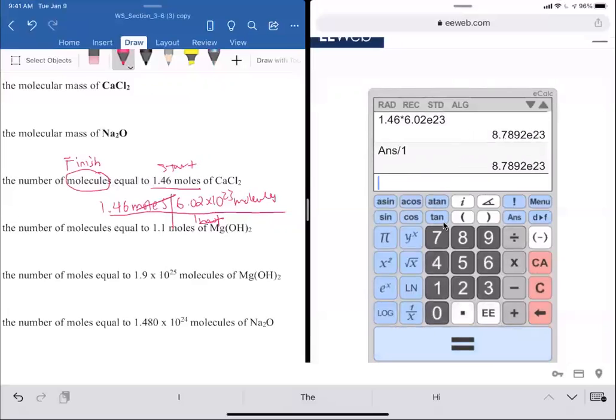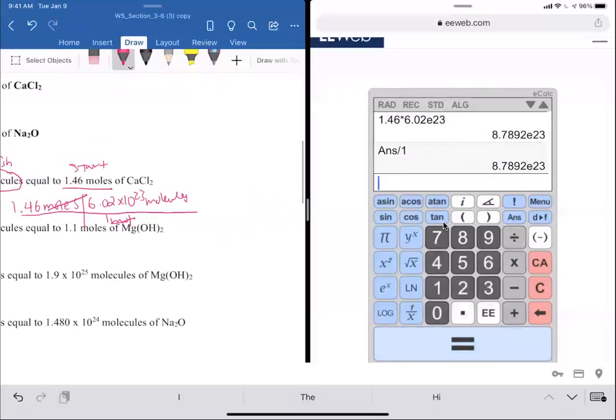And I should get 8.7892 times 10 to the 23rd. Now, again, I'm going to round to two decimal places like I always do. So it's 8.79. If you just write 8.79, just remember that's wrong, because you need to write the times 10 to the 23rd. And then make sure you also write your unit, which is molecules.